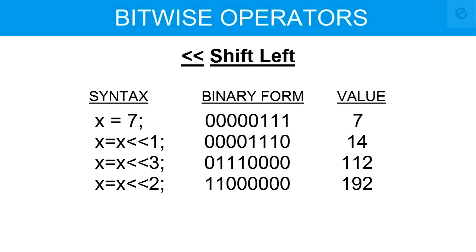Here we can all observe a pattern. The actual value 7 is multiplied by 2 when it is left shifted by one place. Now when the value of x is left shifted by 3 places in the third line, the value 14 has been multiplied by 8.